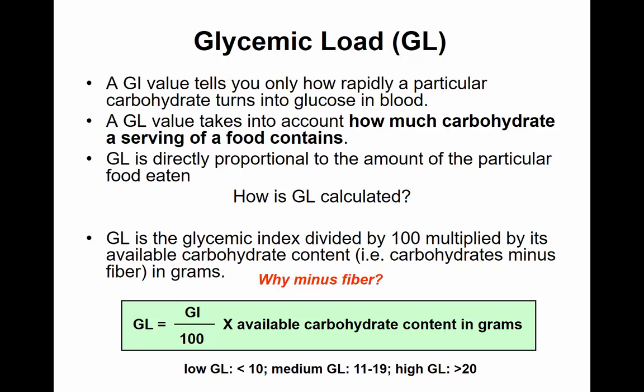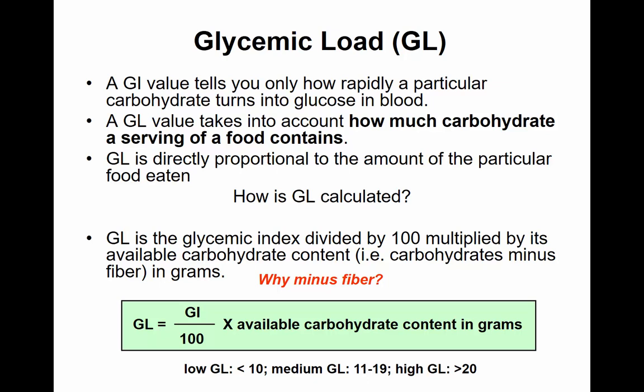So GL is directly related to the amount of a particular food you eat, right? So if you eat more, even if it's a low GI food, if you eat a lot, it will still cause more glucose to be absorbed, right? So here is the equation for how GL is calculated.